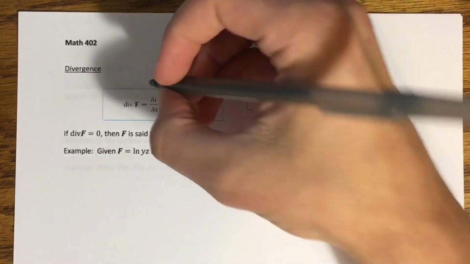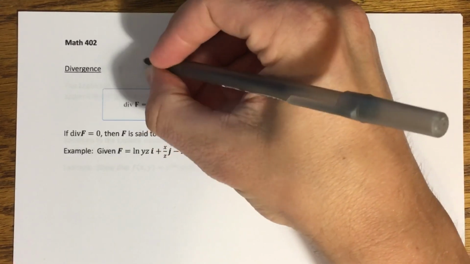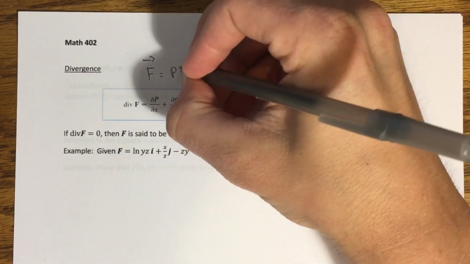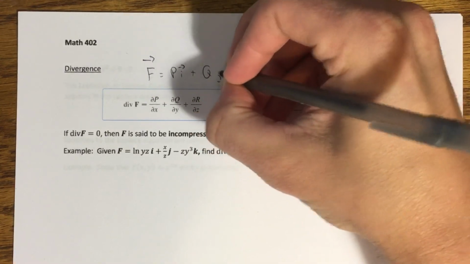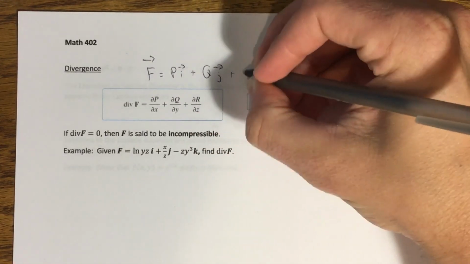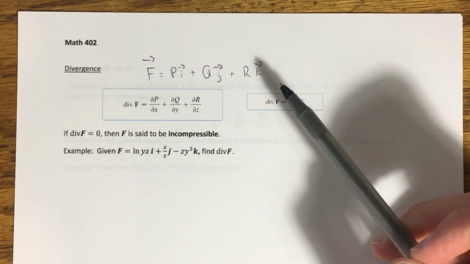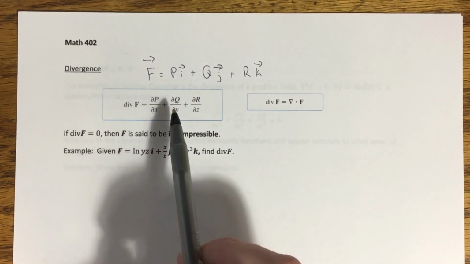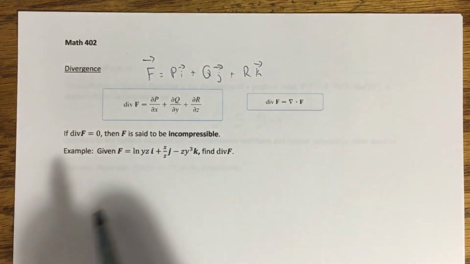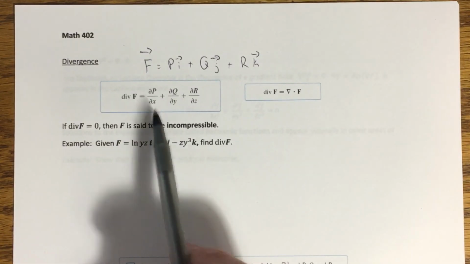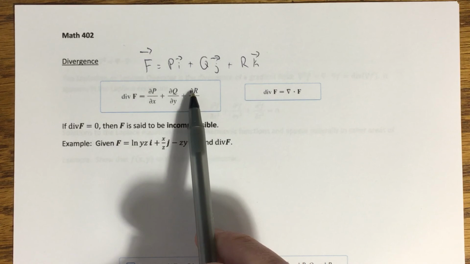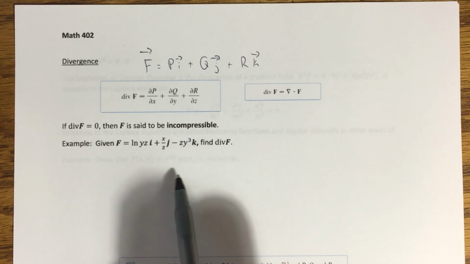So let's talk about the definition of divergence for a second. Again, we're talking about a vector field F, which is equal to Pi plus Qj plus Rk. P, Q, and R are the component functions. The divergence is defined to be the sum of these partial derivatives: partial derivative of P with respect to x, Q with respect to y, R with respect to z.